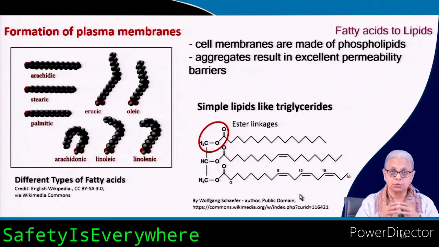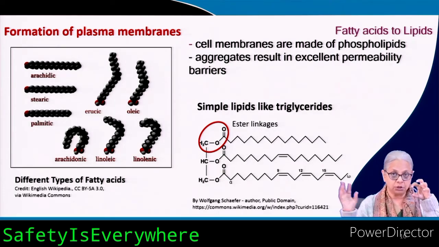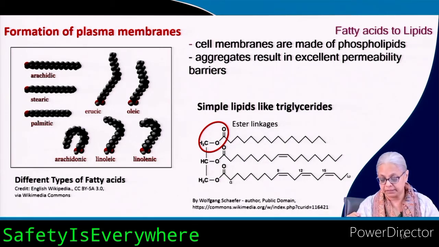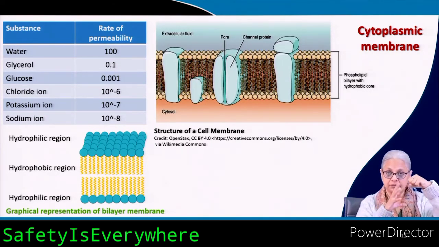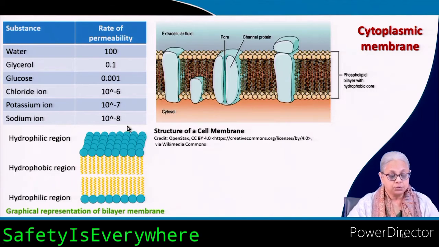So every molecule has this one head, the glycerol, and three or two tails, minimum two or three tails. Now because the head is hydrophilic and the tails are hydrophobic, you get this automatic, spontaneous, orderly arrangement of these molecules in water. It's literally like oil and water.